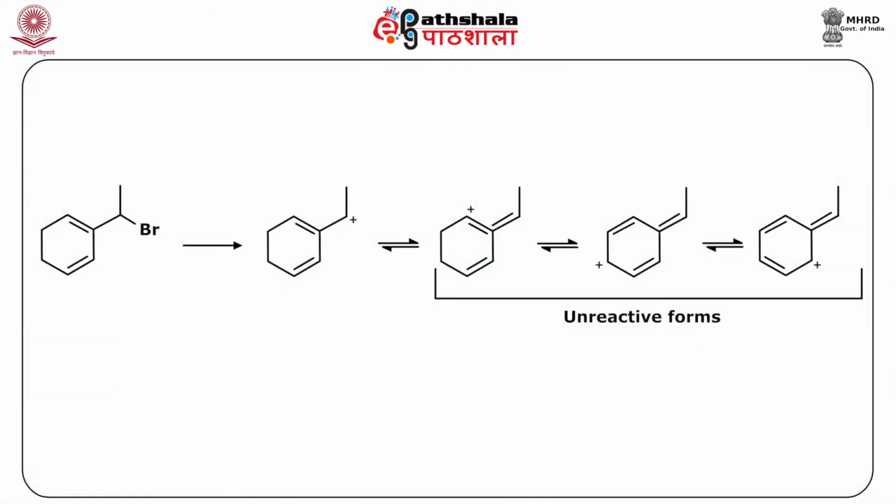If there is a benzylic carbocation, however, students, it is also resonance stabilized, but only the carbocation on the benzylic position is reactive and retains the aromaticity, and this can be shown here as follows. You can see here, because it has to retain the aromaticity of the ring, it cannot be attacked at any other places like we saw in the allylic system. It can only be attacked at the specified position where the carbocation has been formed or where the positive charge is created.